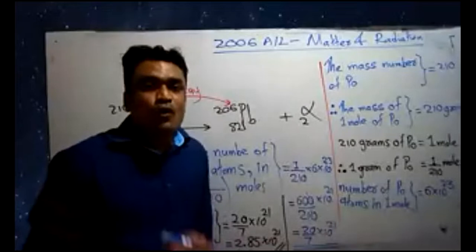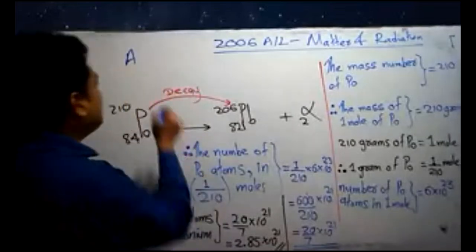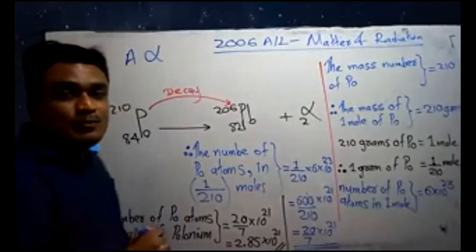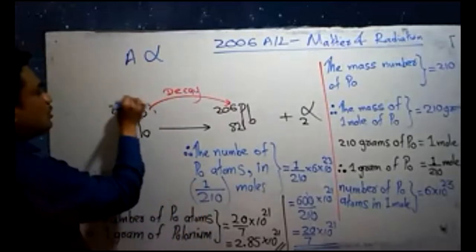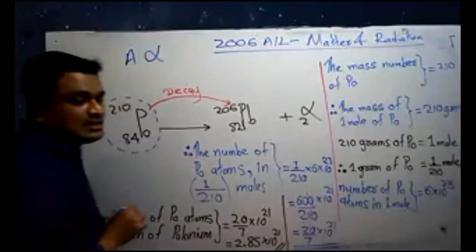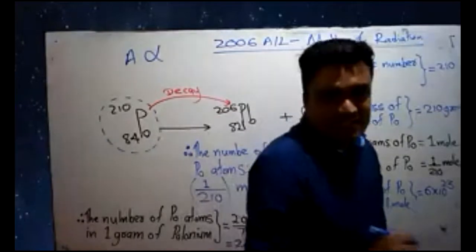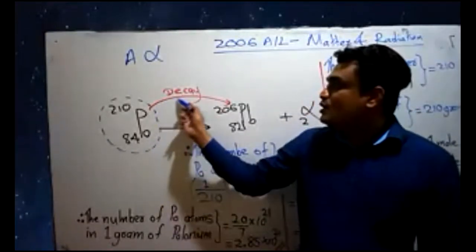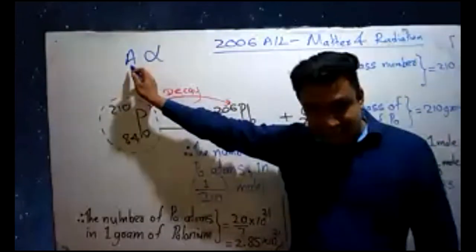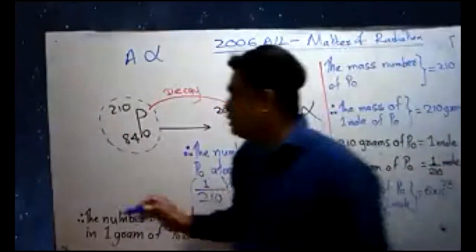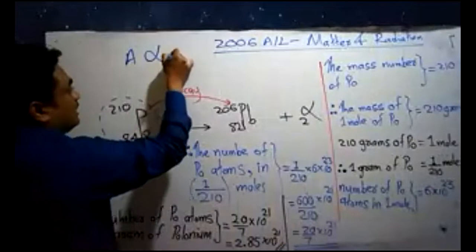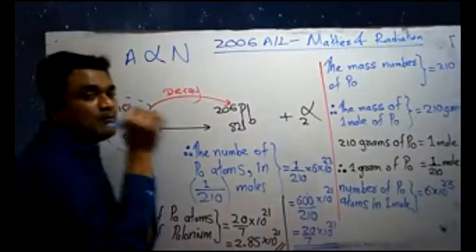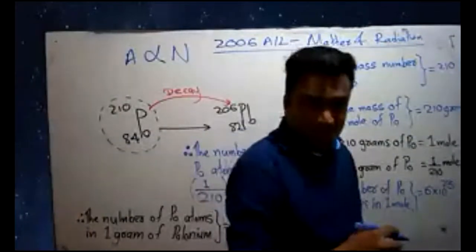That law of radioactivity tells us the rate of decay, the activity, is directly proportional to the number of mother nuclei, or number of mother atoms, in the sample.